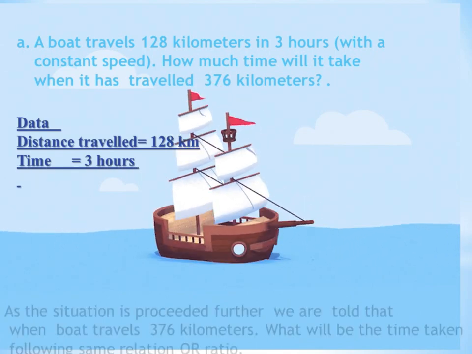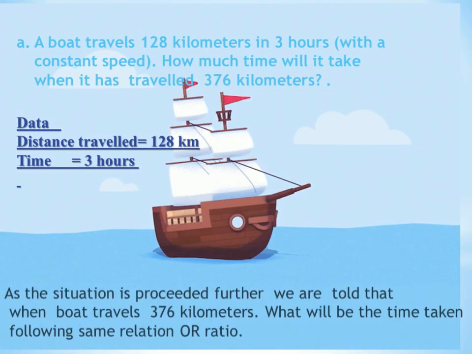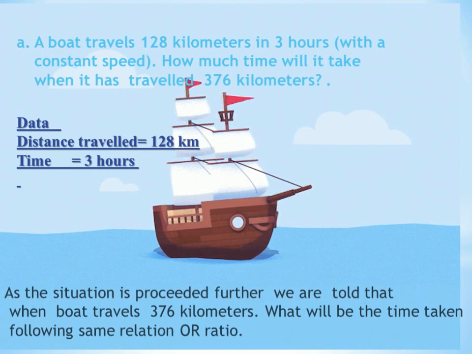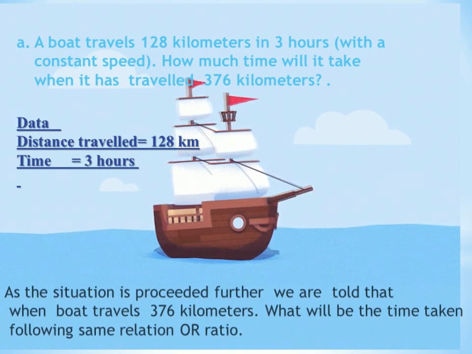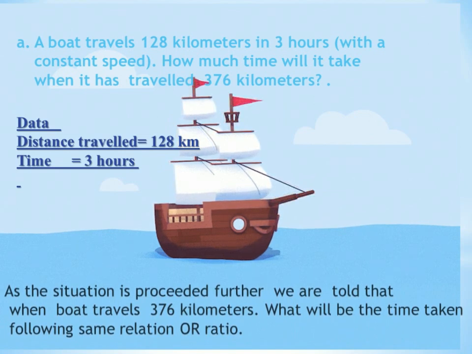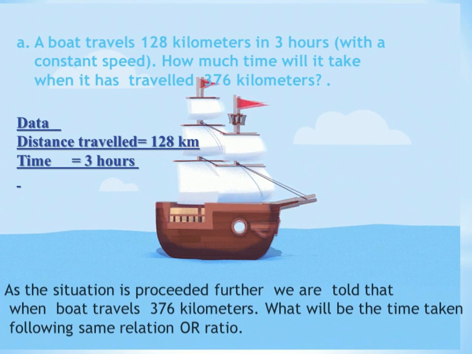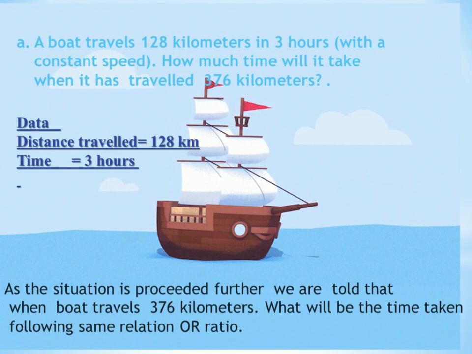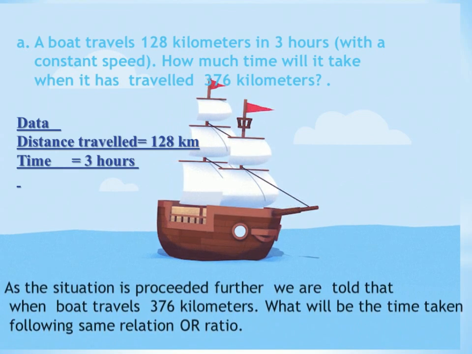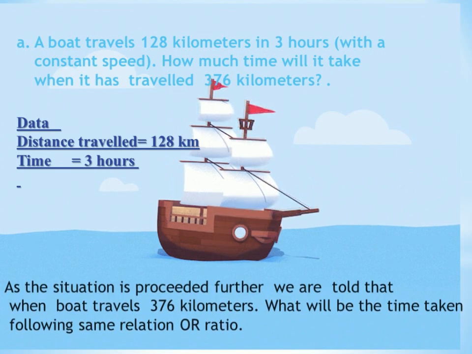Proceeding further, we are told that the boat travels 376 kilometers, and we are asked what will be the time taken following the same relation or ratio. That is, time is unknown here. Distance traveled and time in one case is given to you. Distance traveled in the other case is given, but time is not given. That is the unknown.